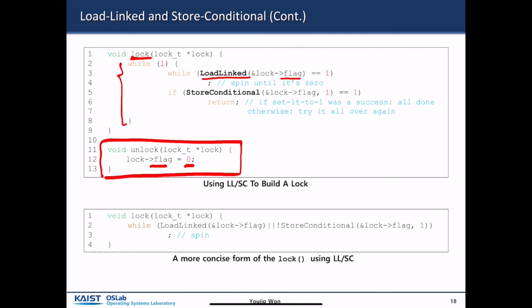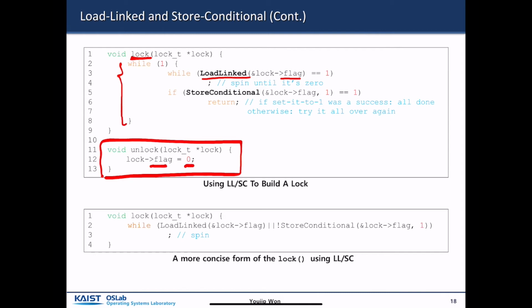The problem of separating these two has been solved by test and set and compare and swap by making those two happen as a single instruction. But load linked and store conditional takes a slightly different approach. Here, the process of checking the value of a lock and the process of setting the value of a lock remain apart.